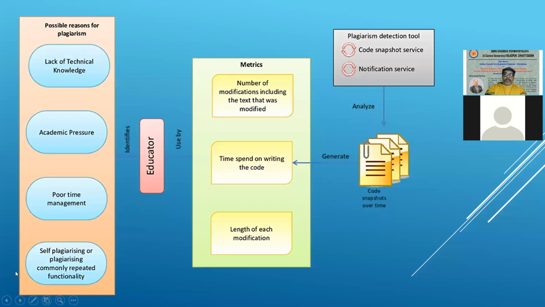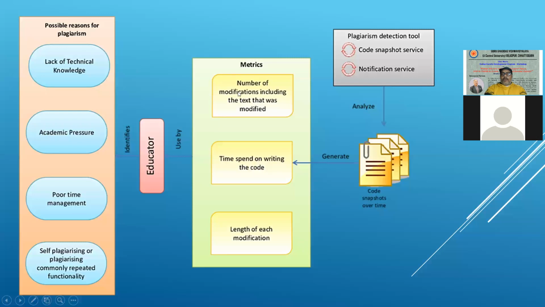So this is like commonly repeated functionality. I've given you the example. Now you see the educator is here. Here is the tool: plagiarism tool, code snapshot service, notification service, analyzes generated in the form of code, because whenever you submit your paper in any legal software, meaning authenticated software, this information is converted into code, and then it generates the report.